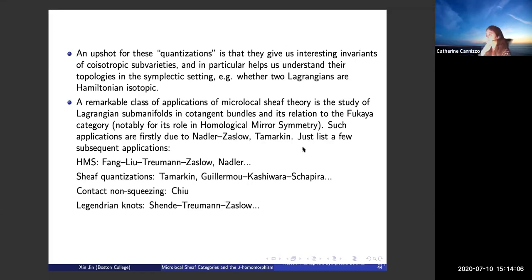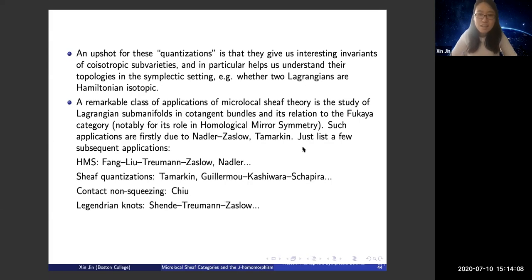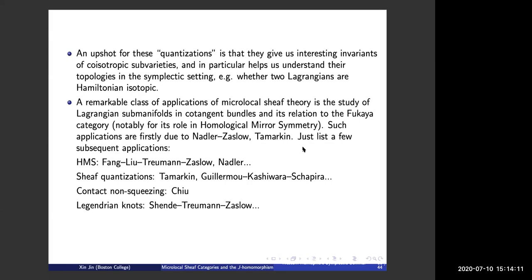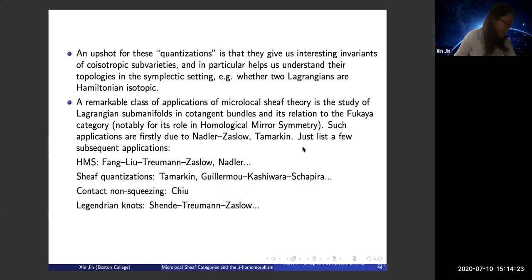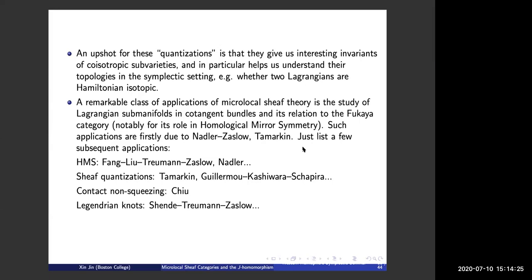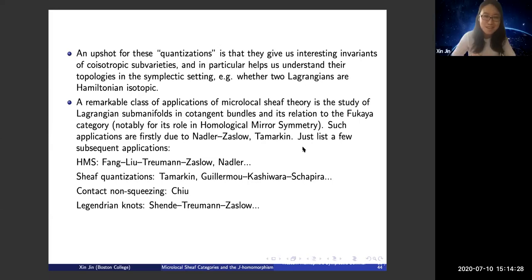Hi, Xin. I was wondering if you can distinguish co-isotropics that are not Lagrangian this way, whether there have been any results in that direction. Yeah, I don't know any results in that direction. For sheaves with singular support co-isotropic but not Lagrangian, I guess it's much more complicated than Lagrangians.